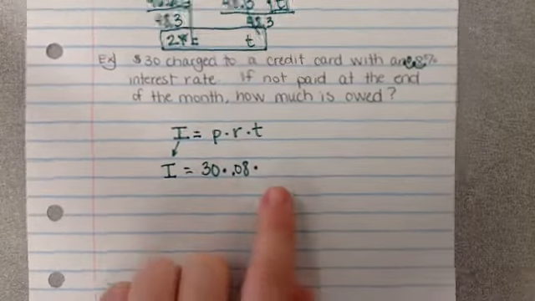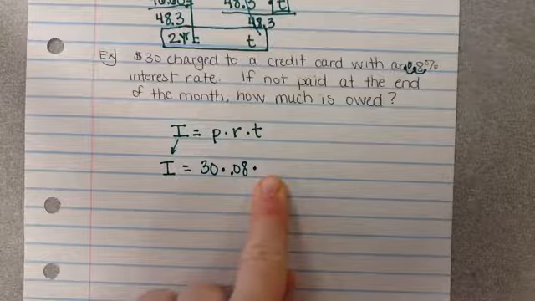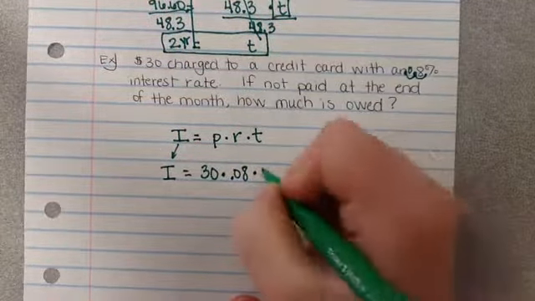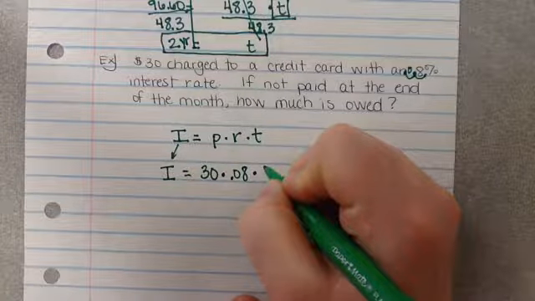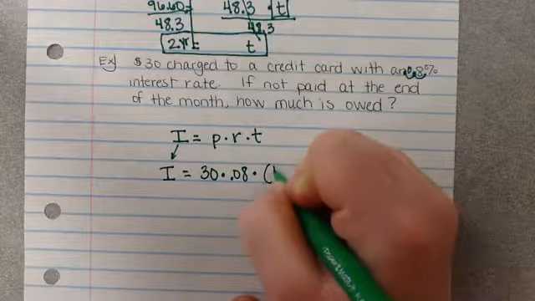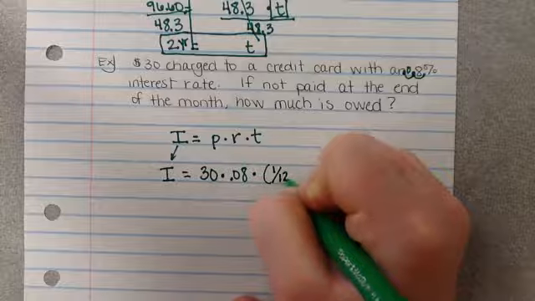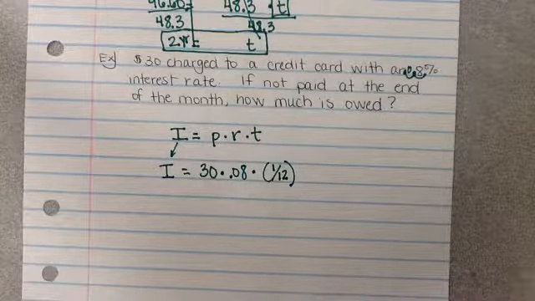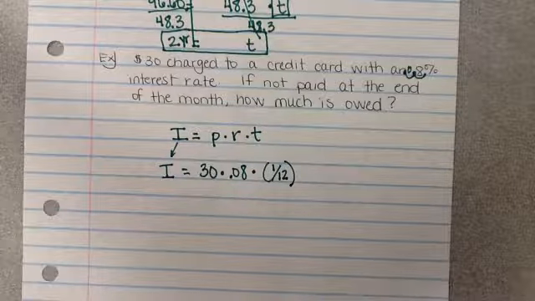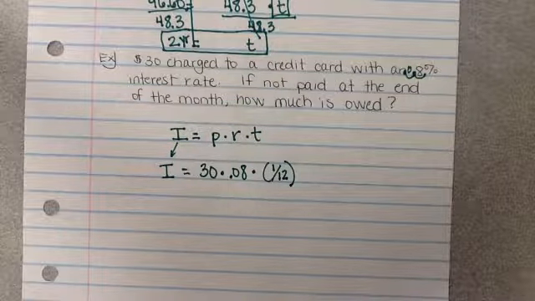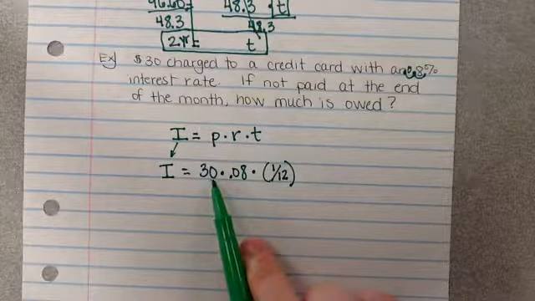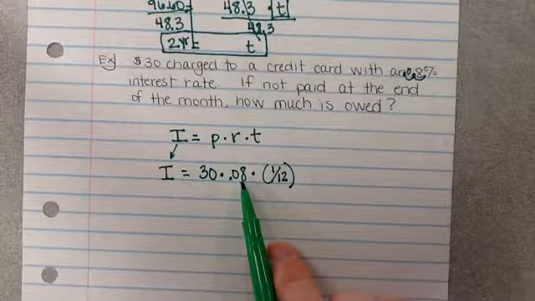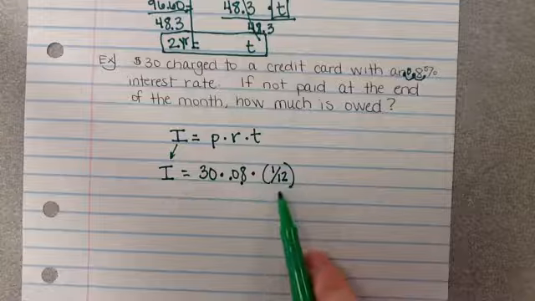But I can't put a 1 here because that would mean 1 year. So what goes here if it's 1 month? 1 out of 12 months. It's only 1 month out of 12. So $30 times our 8% times 1 out of 12 months.